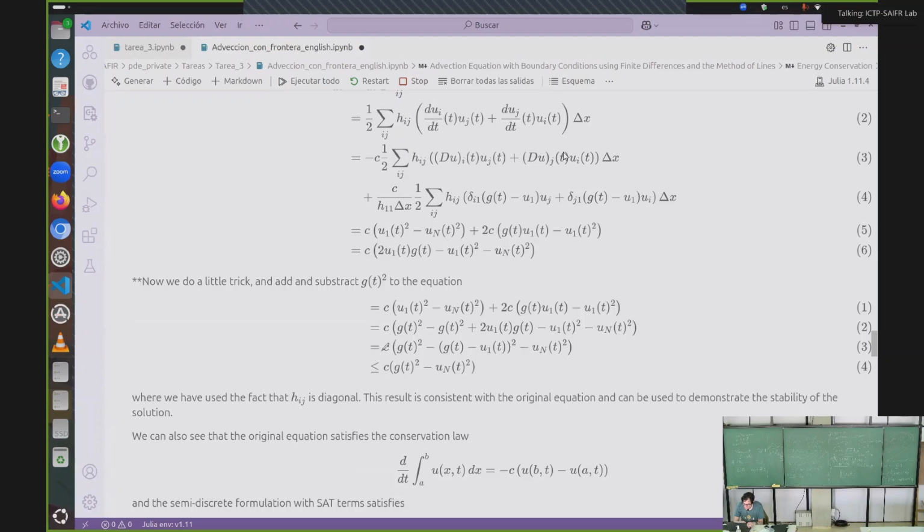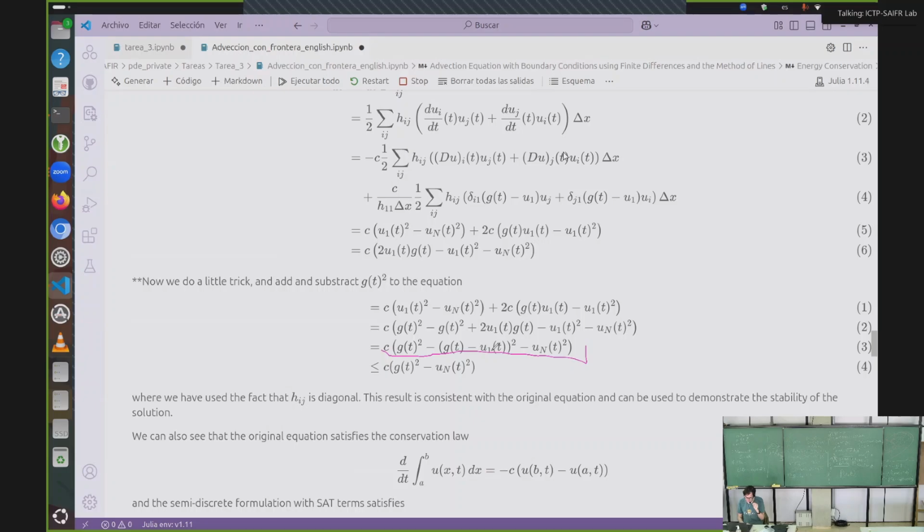So we can write it actually this way, the derivative of the energy. So we see that it will be g(t) squared minus u_N(t) squared, right? The boundaries, minus some term here that has to do with the difference between the value that we are trying to impose, g(t), at the boundary, and the actual value that we have at the boundary, right?